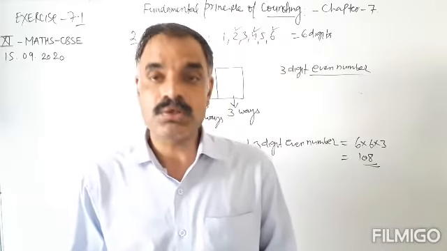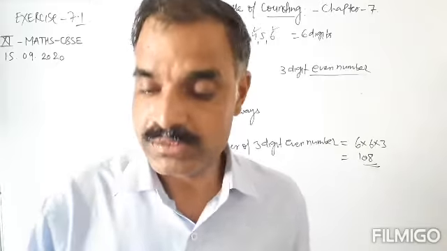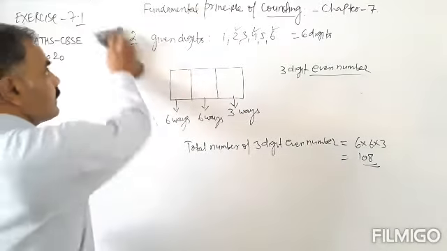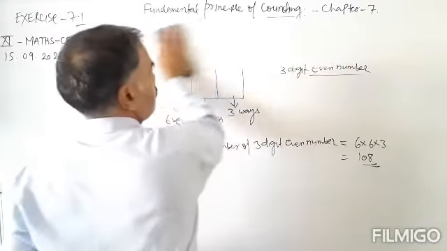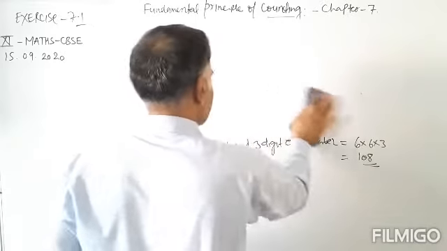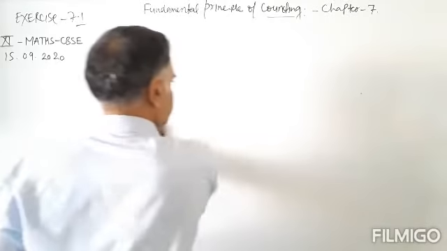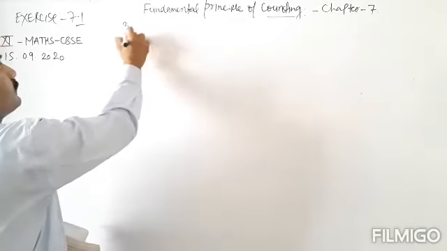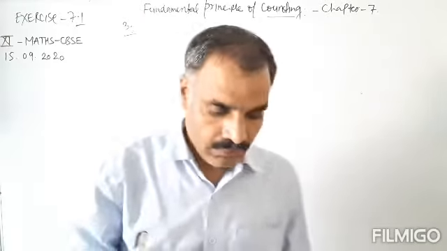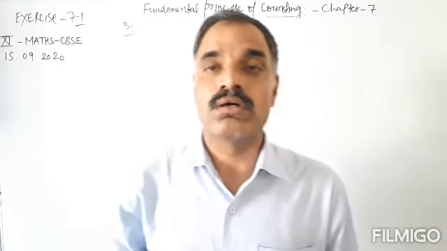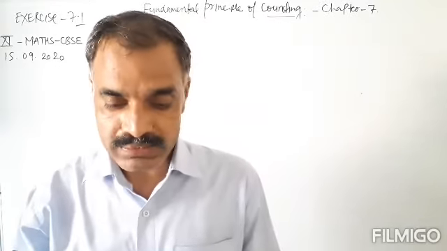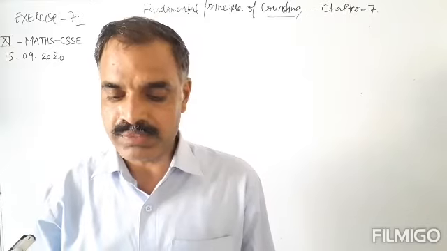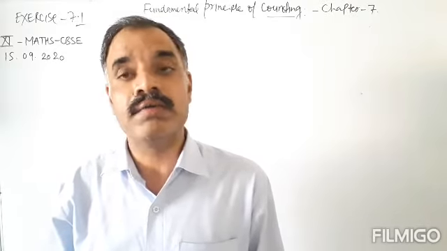Now let us discuss question number 3rd. Question number 3rd is: how many 4-letter codes can be formed using the first 10 letters of the English alphabet?